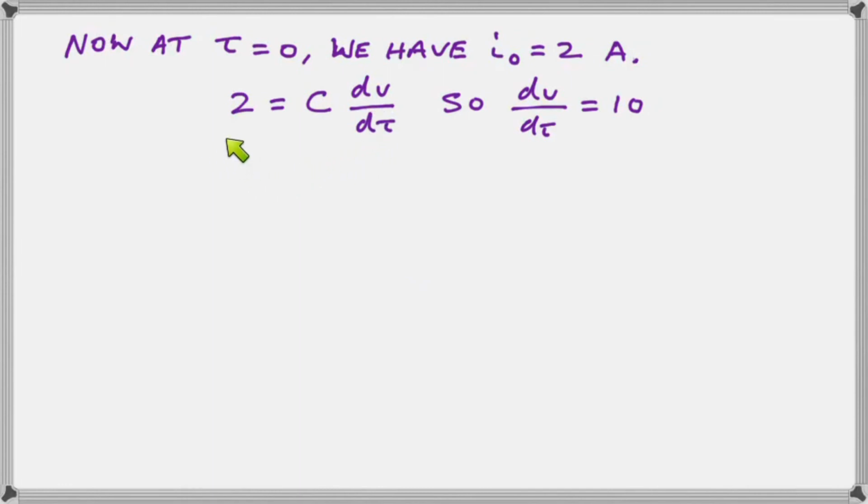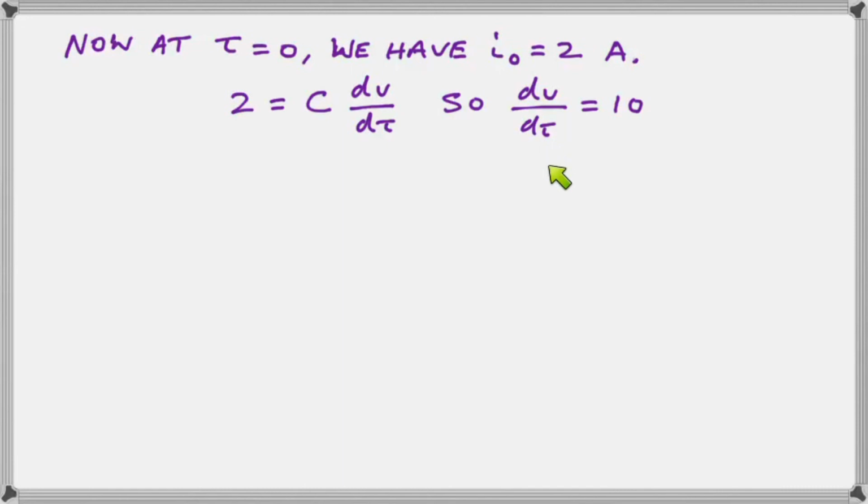So the initial current was 2 amps. And here now, we want to find out what this is for C. So we use the value of C we have in our thing, and we divide 2 by that, and we find out that our dV over dt is equal to 10.